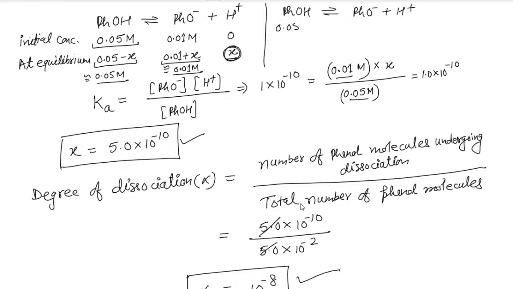Initially it is 0.05, and phenate is 0.01. At equilibrium it is 0.05 times (1 minus alpha), so it is 0.01 plus 0.05 alpha and 0.05 alpha. You can go like this also.